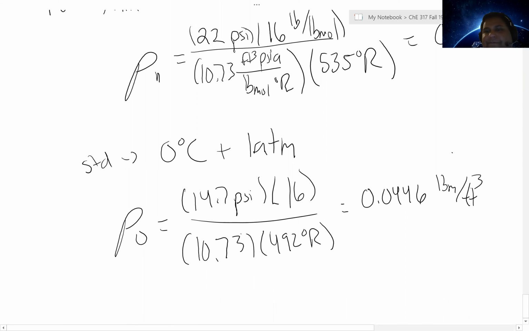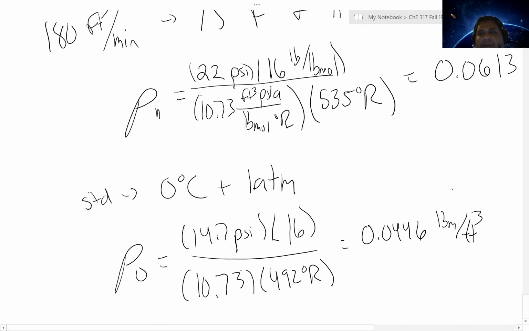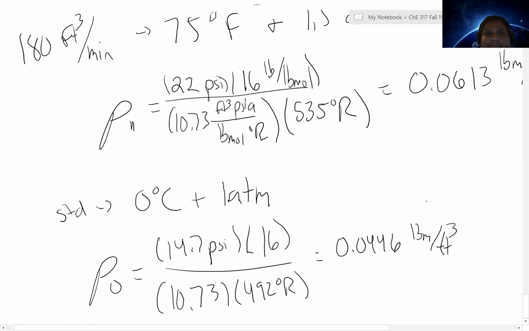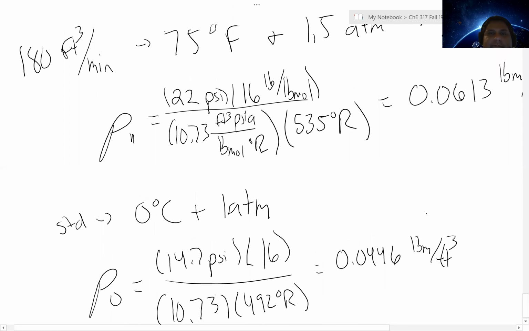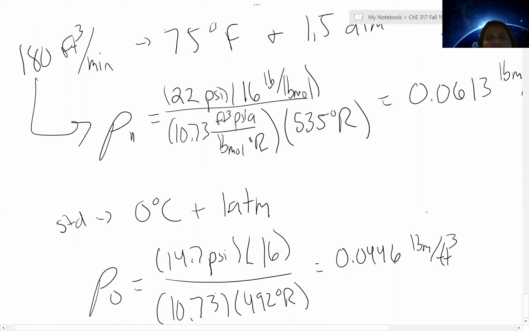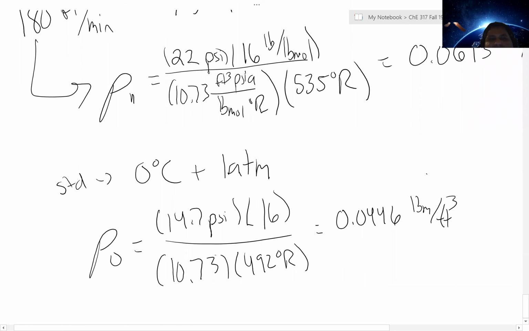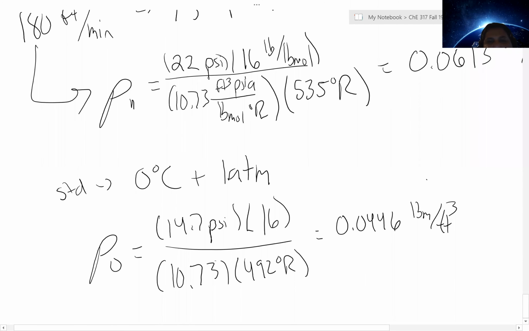And so now I have two different densities. If this 180 cubic feet per minute was taken with this density, I would have to figure out what the flow rate would be if I measured it at standard temperature and pressure.